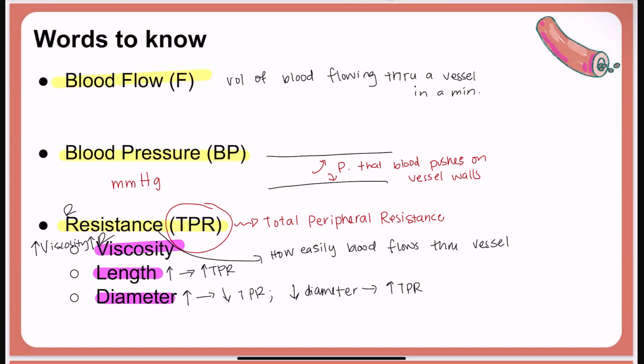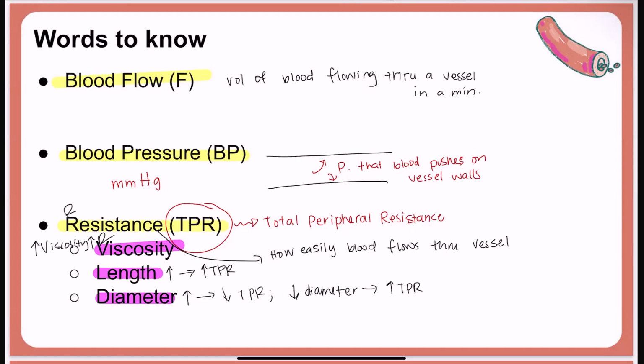But it's not always that simple, right? Because if we increase or decrease blood vessel diameter, yeah, sure, that will have an effect on TPR. But also, if there are things in the blood vessel that we don't want, like plaques, buildup, that kind of thing, that causes something called turbulent flow. So while the diameter of that blood vessel is shrinking, the flow of blood is also getting turbulent.